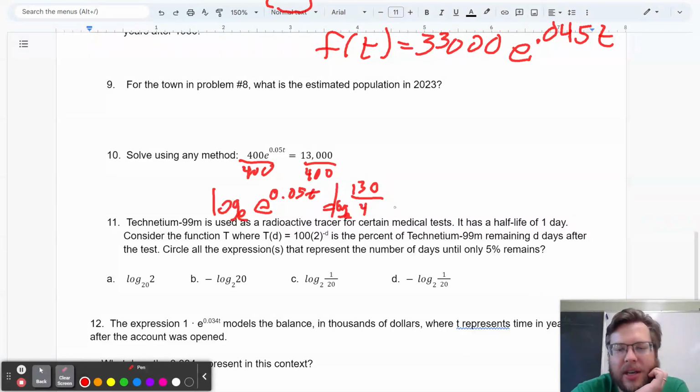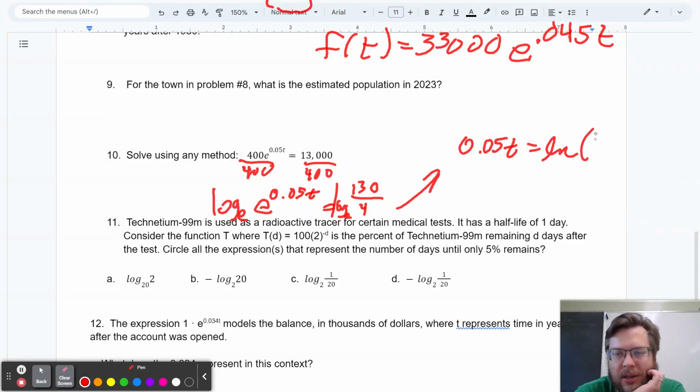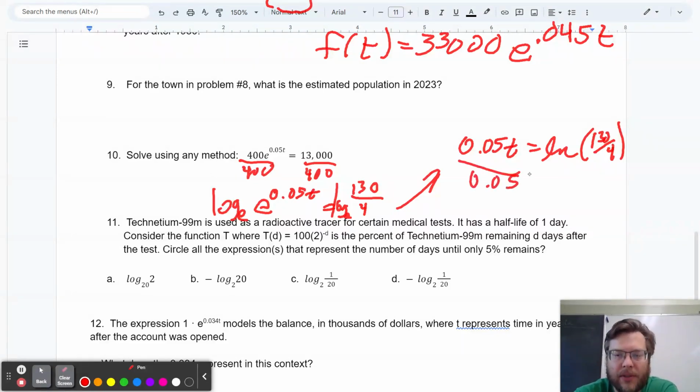There's a button on your calculator, the LN button, right next to the log button. That does a log base e. So 0.05t equals the natural log of 130 over 4. You can get a decimal if you want to. And then you just divide by 0.05, and whatever that is, is your t value.